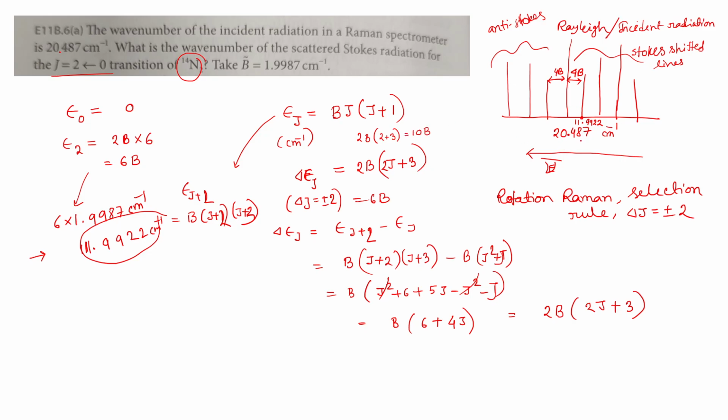So this is at 6B, so this will be at 10B. I think I'm not making a correct statement. The gap between individual Stokes lines is actually going to be 4B, not this one. Okay. This gap is actually at 6.